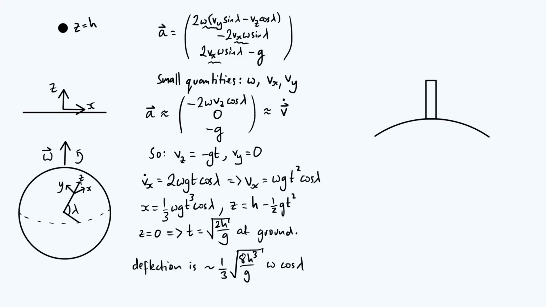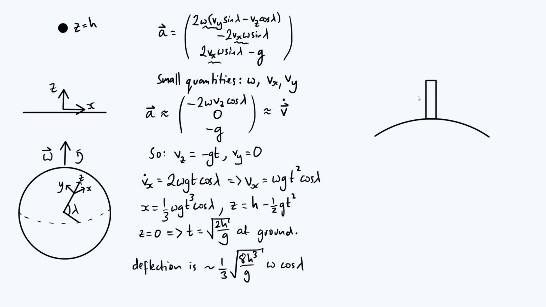So we can actually gain some insight into why the deflection is always towards the east with the aid of this diagram that's just appeared over on the right here. Now in this diagram, this curved line is just part of the surface of the Earth, and this rectangle is the tower that we're dropping the ball from the top of.